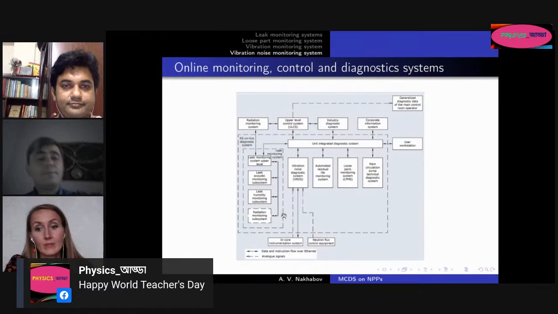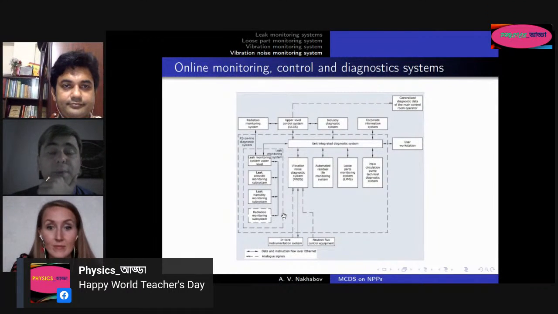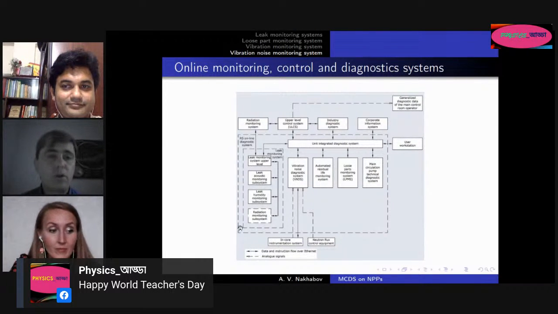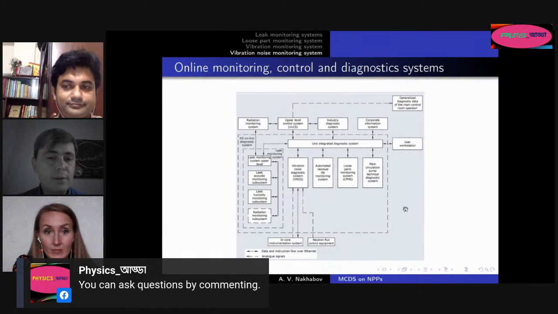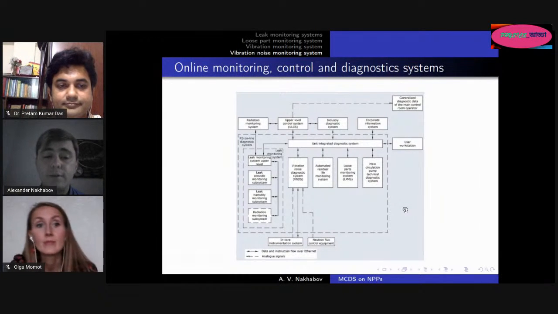Finally, I'd like to say about the overall picture of different systems, because today I have very little time to explain even the basic idea. On this slide, you see the so-called online monitoring, control, and diagnostic system in one connection, because all the systems, as I said, are not isolated. All the systems work together during operation.